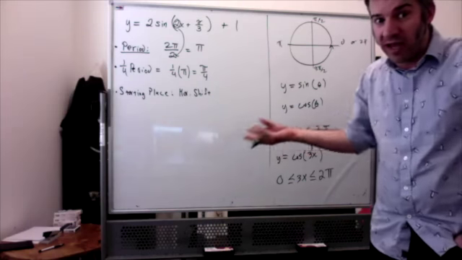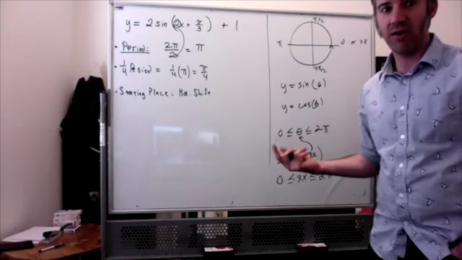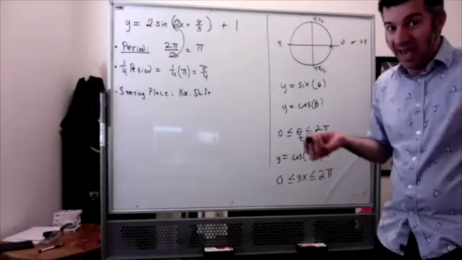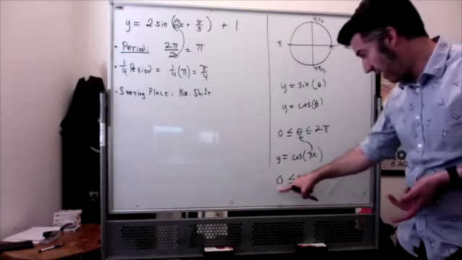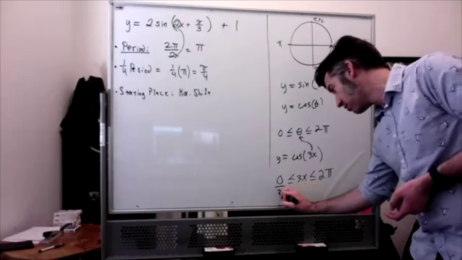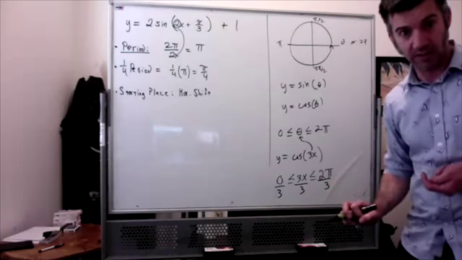I'm not graphing theta on the x-axis. I'm graphing x on the x-axis. So even though I know what the angle has to be, when I'm graphing it, I need to know what the x values are. So if I divide everything by the coefficient of x, I'll figure out what x has to go between.